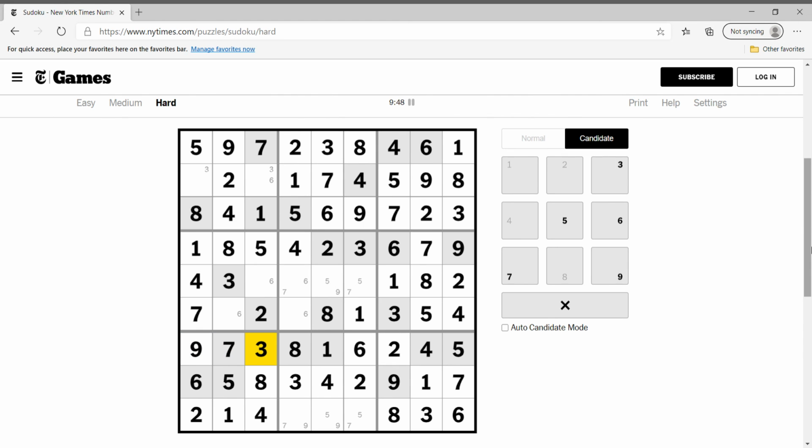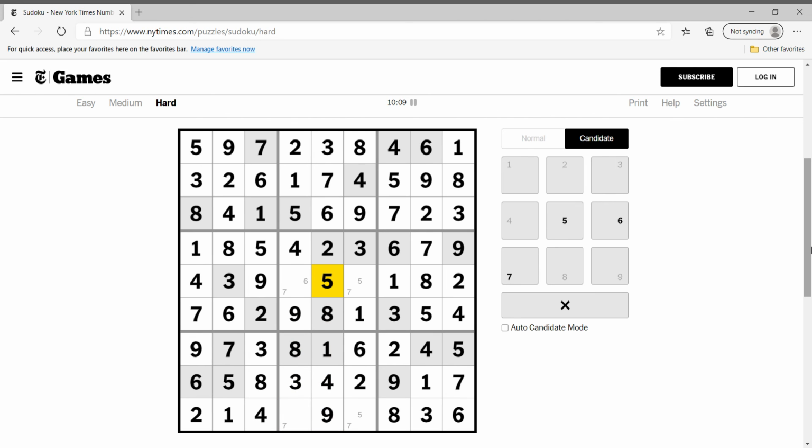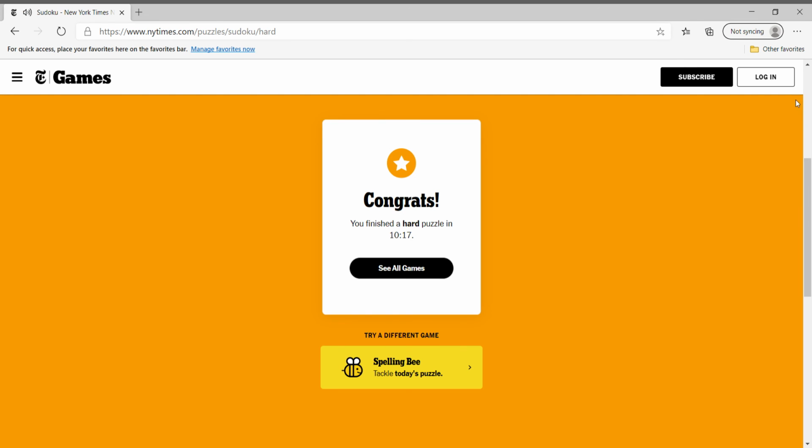This is 3. This is 3. This is 6. Has to be 6, right? This has to be 6, and this has to be 9, right? So this is 9, this is 9, this is 5, and then we're looking at 6, 7, 7, and 5, okay.